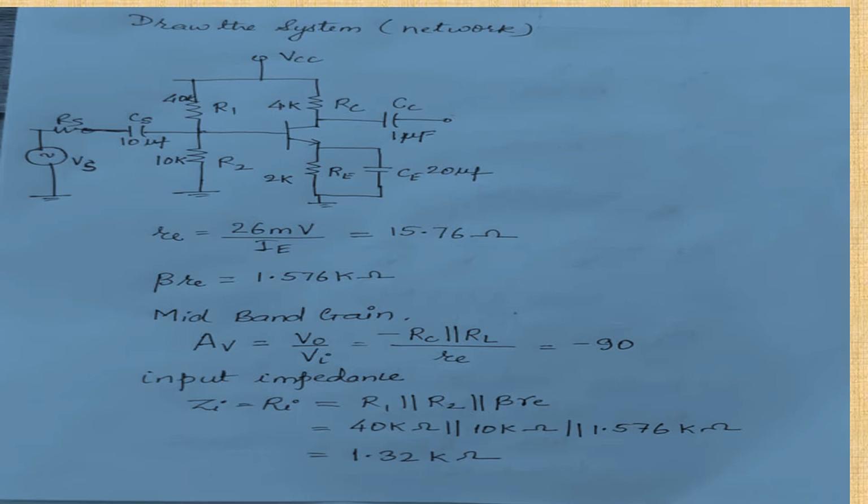The mid-band gain AV is the voltage drop, so RC parallel RL upon re, which comes out to be 90. So for input impedance Zi, you have to draw the AC equivalent circuit. So R1 parallel R2 parallel beta re, as we have done at the very beginning of this presentation. In that way you calculate Ri, which comes out to be 1.32 kilo ohms.